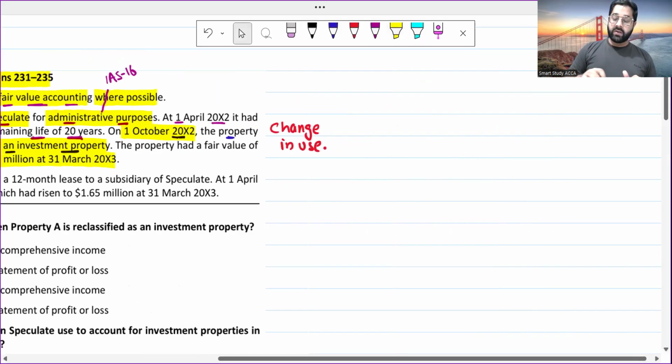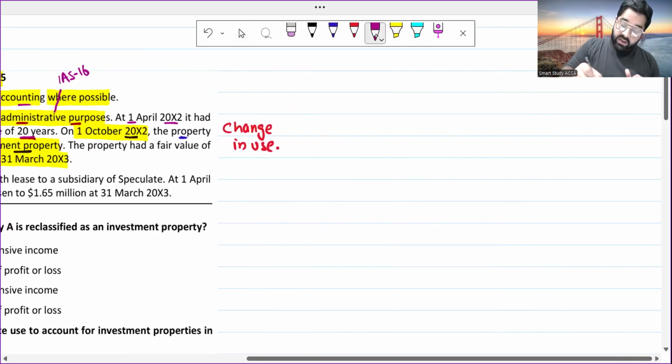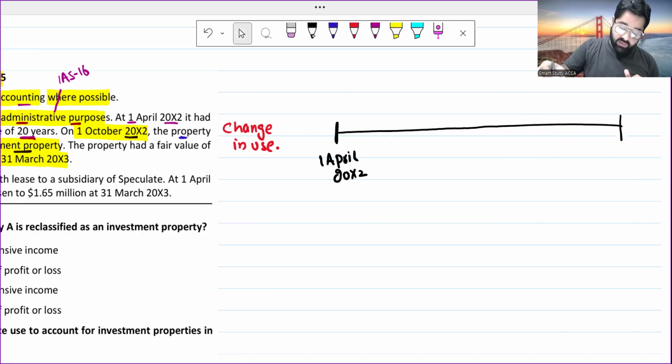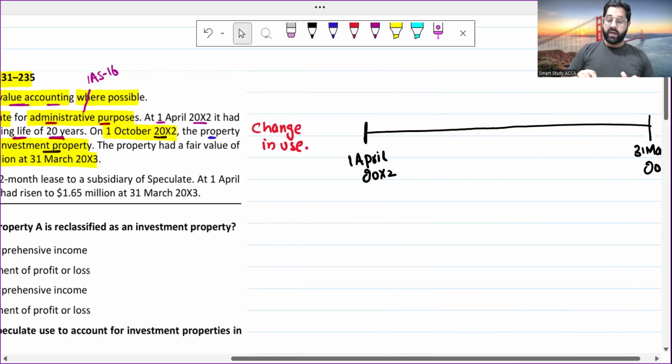Let me explain it with the structure. The year start for this company is 1st April 20x2, and the year end will be 31st March 20x3.